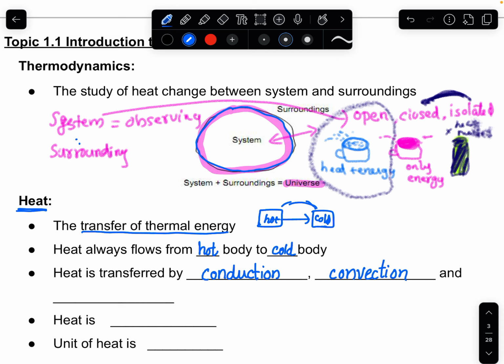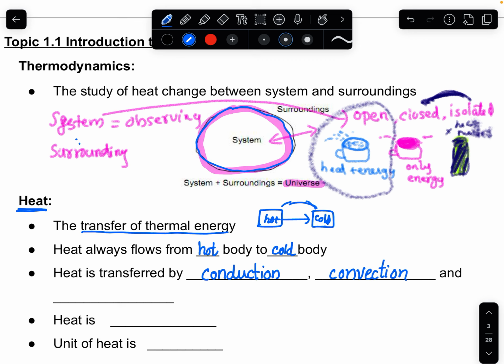If our room gets hot, our thermostat will realize the temperature is high, then it will send a message, then the AC will run, cool air will come, and after a few seconds your room temperature will go down to whatever temperature you set. That type of heat transfer is called convection.